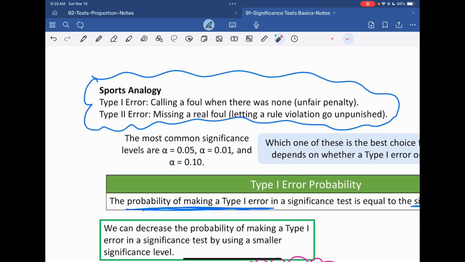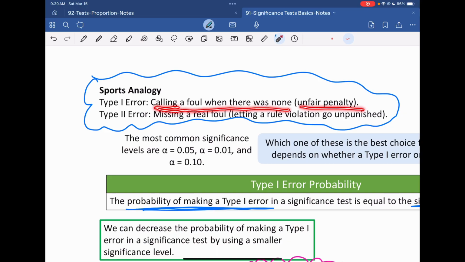Here's a sports analogy that might help. Fouls are basically illegal actions. Obviously sports have rules, and if you break the rule, you've committed a foul. So type 1 error would be calling a foul when there was none.